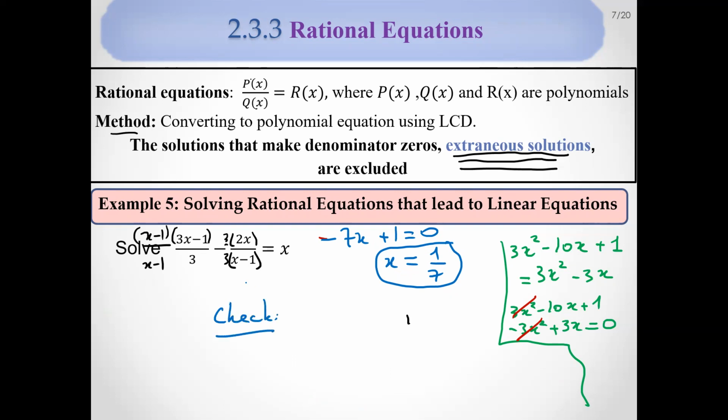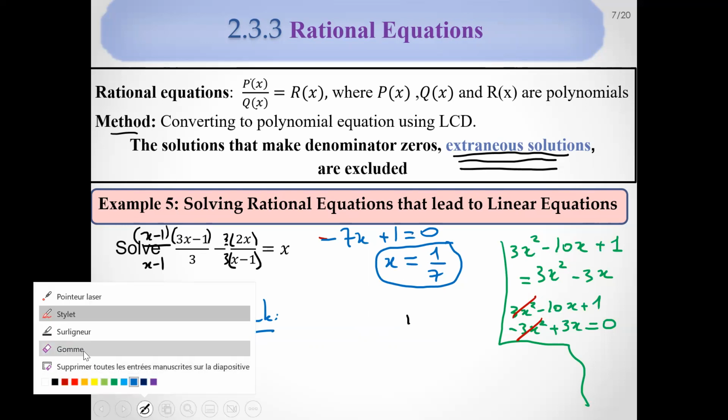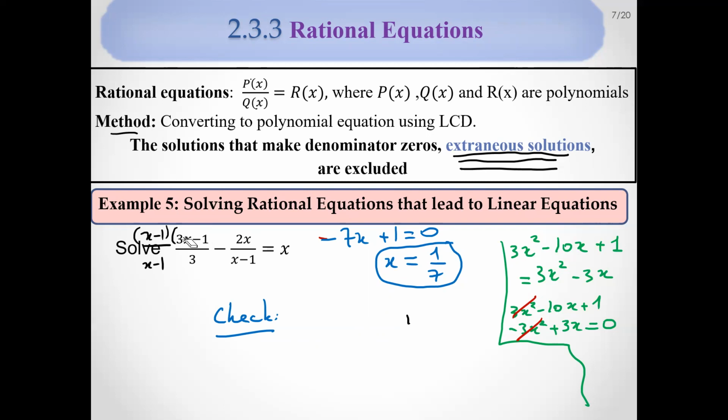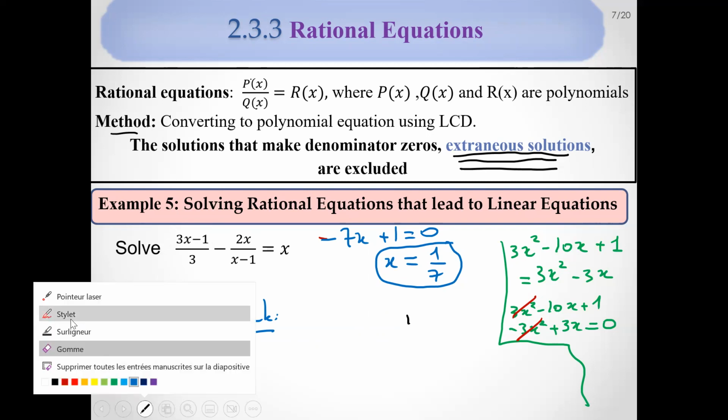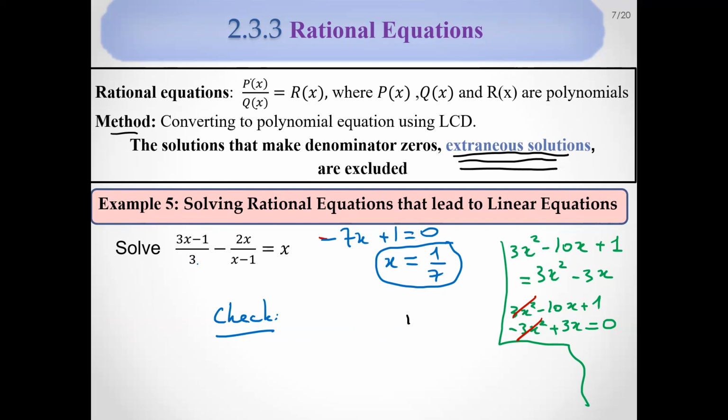You just check that this value of x doesn't make the denominator equal to 0. So when the denominator is 0, here it's a constant 3, here it's x minus 1, so we must have x different from 1. So these are two conditions.